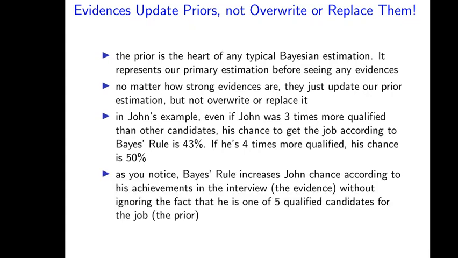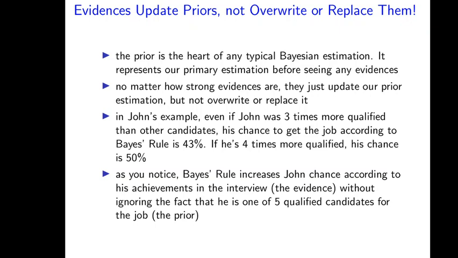So, as you noted here, Bayes' rule increases John's chance according to his achievements in the interview. This is our evidence, without ignoring the fact that he is only one between 5 qualified candidates that went through the final interview and have the chance to get the job, which is the prior.